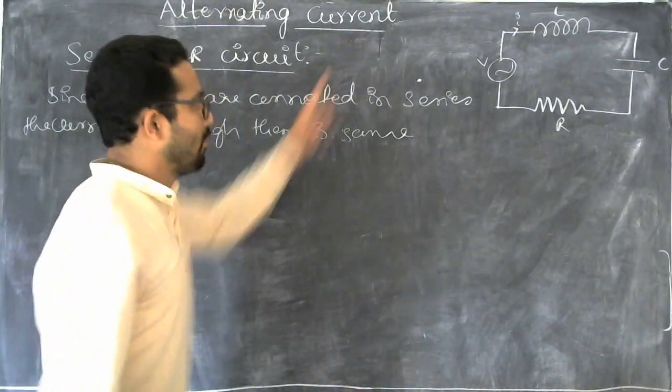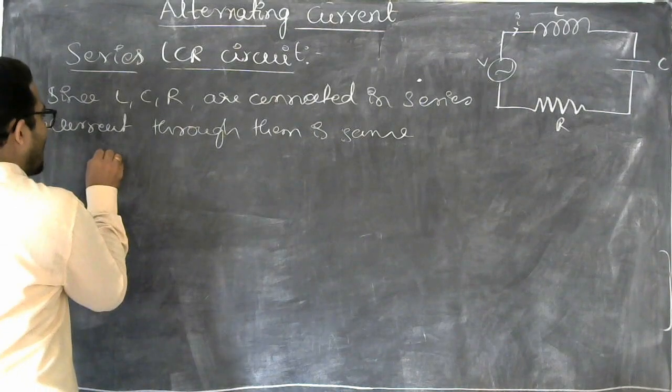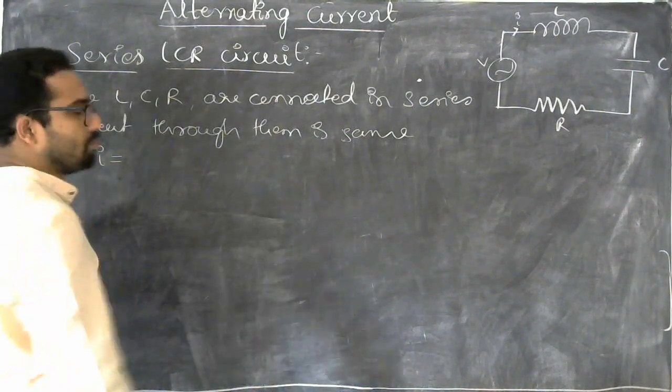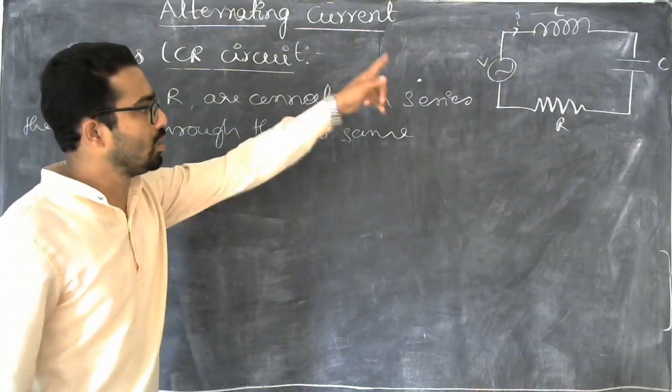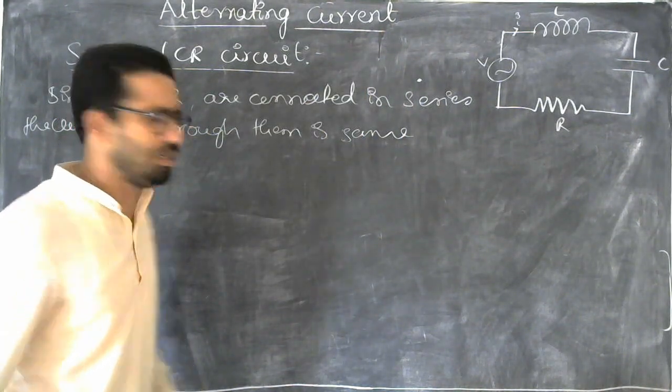Current should flow the same through all these components. So let me write the equation for current now. Because through all the components the current is the same, we can directly write the equation for current.